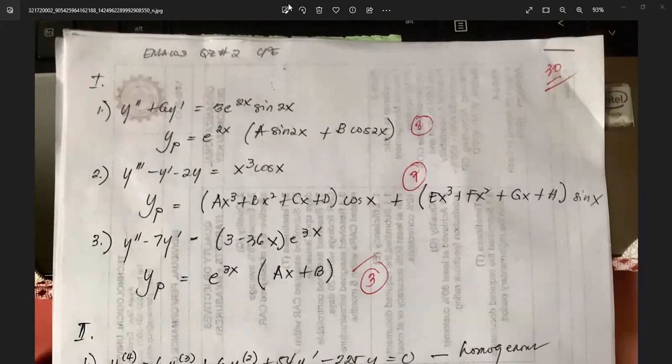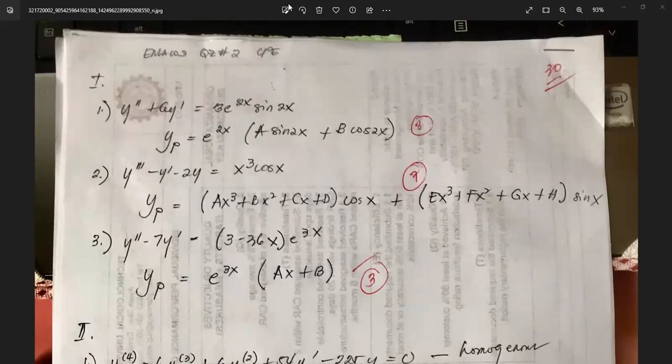But if naka-substitute, miss, ang expo sa terms may points lang, miss. What do you mean? I can't understand. But if naka-substitute ang expo sa terms, miss, wala miss ang a sine 2x plus b cosine 2x, naka-substitute ya ang exponent.